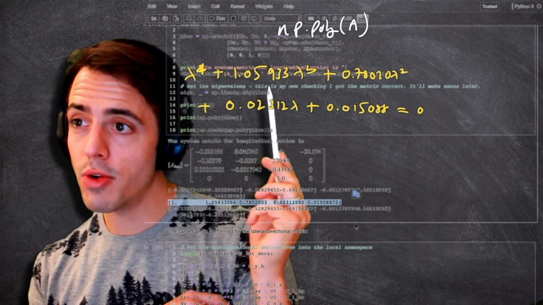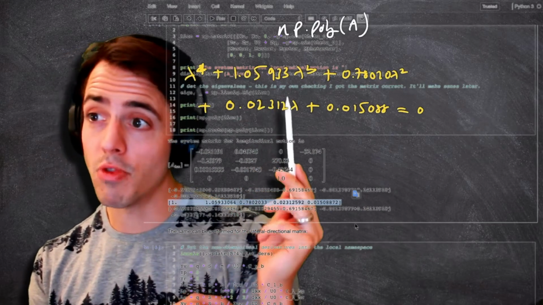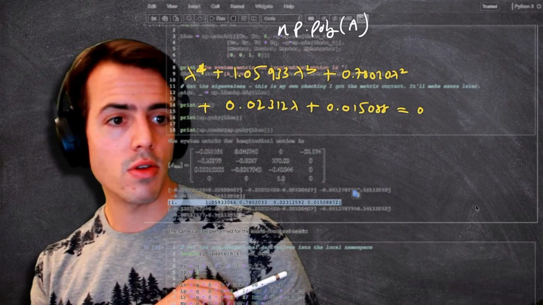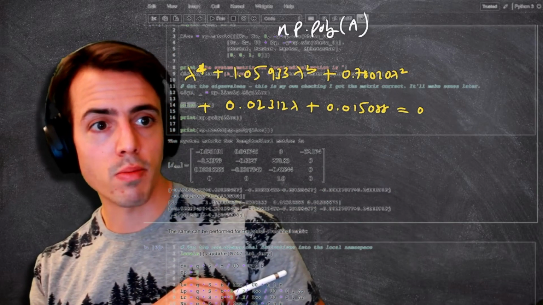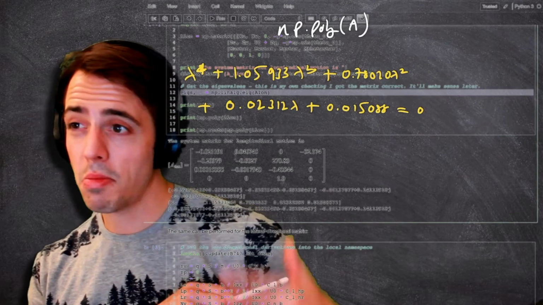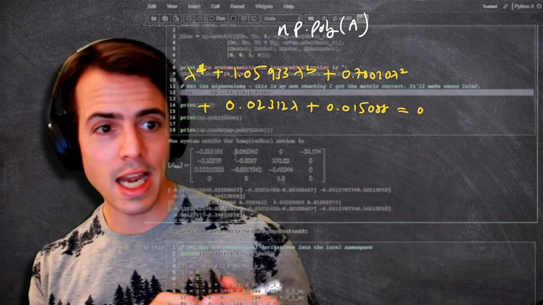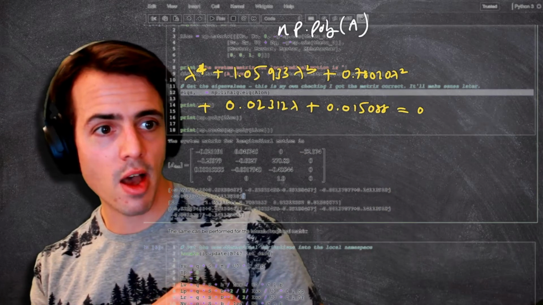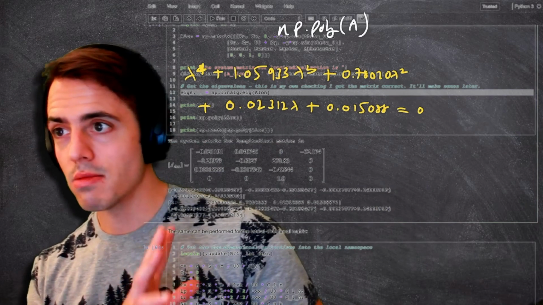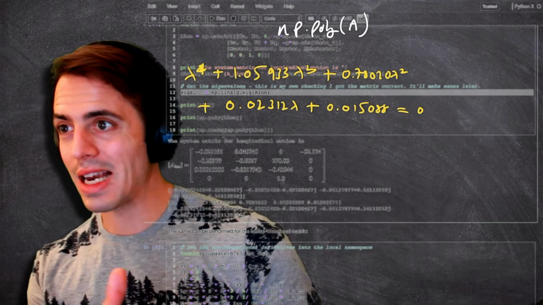To find the roots, you could do roots on the polynomial, and I've just shown that these two ways are equivalent. You can print out the eigenvalues of this matrix using a bit of linear algebra with NumPy, or you can do the roots of the characteristic equation. That's exactly the same thing.